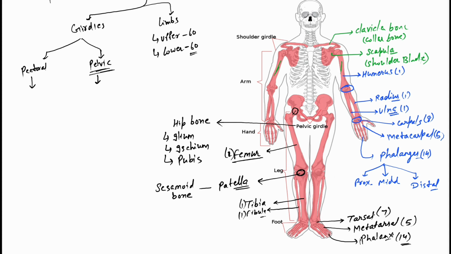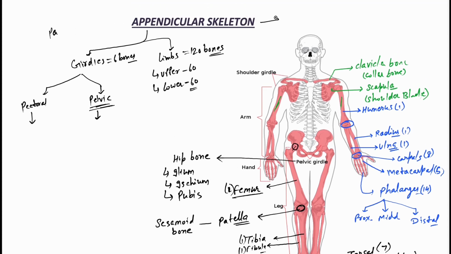So total there are 30 bones on one side, which makes 120 bones, and the girdles are 6 bones. So the appendicular skeleton consists of 126 bones in total.